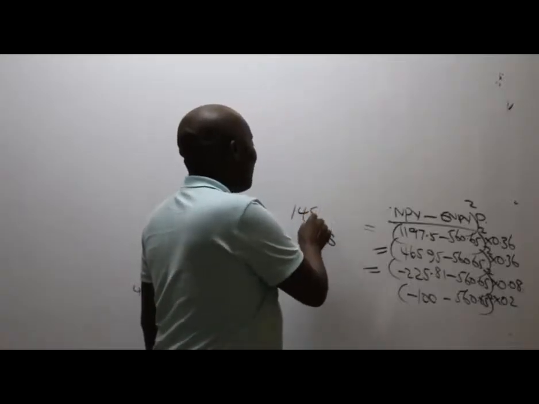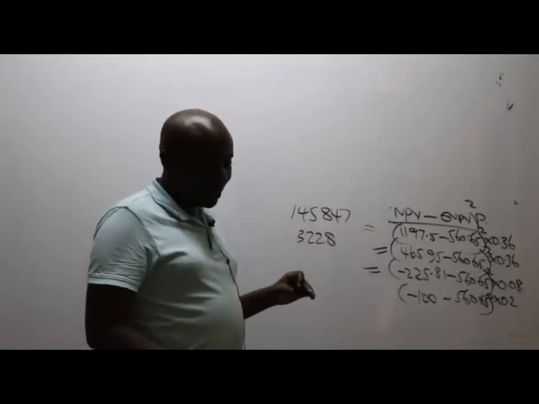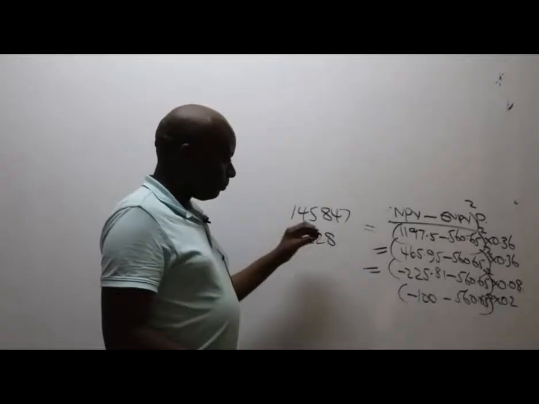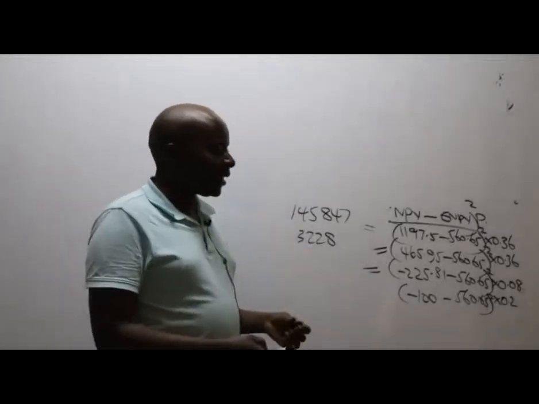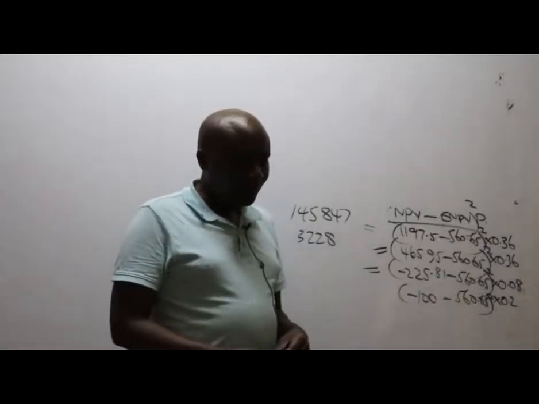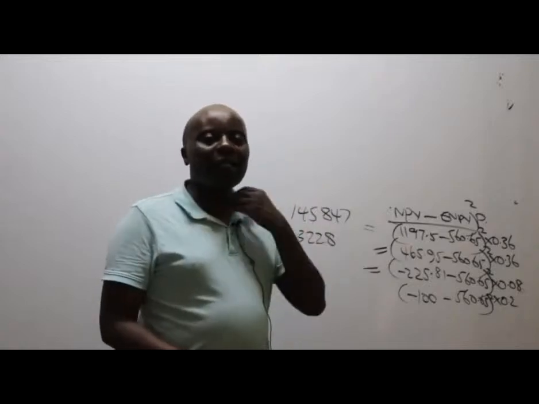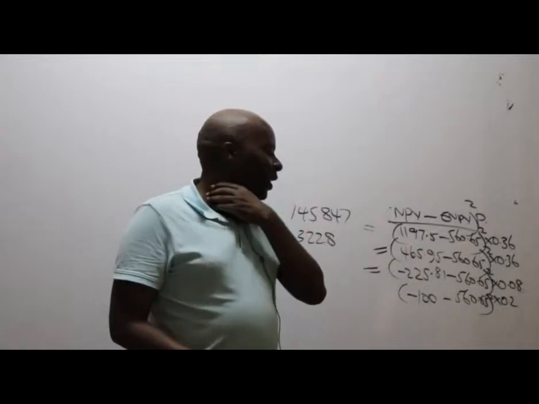Let's not fight. Let's just work with whatever figure you have there. Those are rounding off errors, because I'm aware some of you never used 560.65. We are children of the same mother. Let's go to the third one.